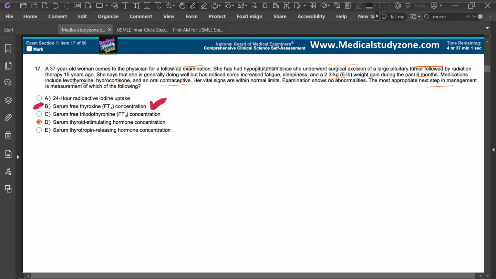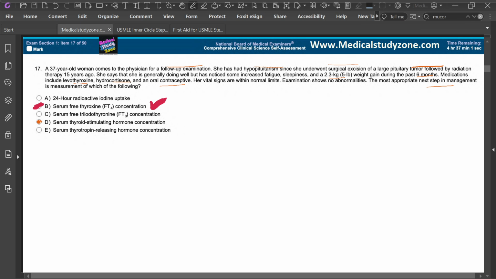Measurement of TSH and serum TRH, thyrotropin-releasing hormone, concentration tests the hormonal pathway of thyroid hormone secretion to identify where the abnormality originates: the thyroid gland, the pituitary gland, or the hypothalamus. Because this patient has undergone pituitary intervention and radiation therapy, the physiologic pathway is disrupted, so measurement of this concentration would not offer further information into the cause of her symptoms. Okay, makes sense.